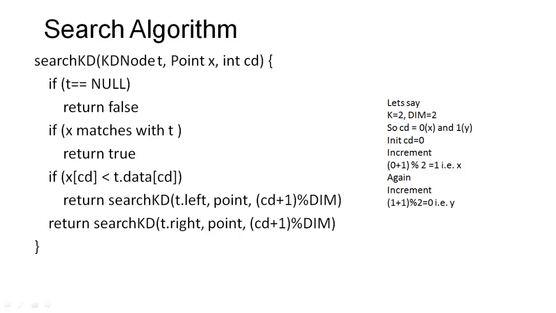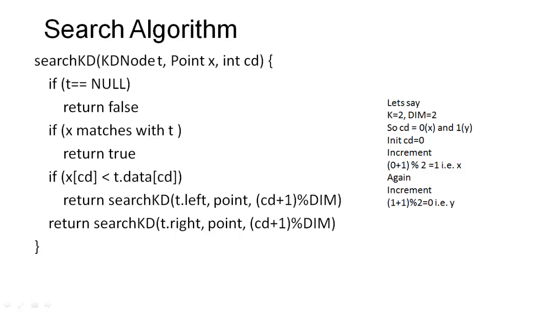The third case is when T is neither null nor matching. So again there are two possibilities, either it will be less than or greater than. So we compare the data of X with the data of T. As you can see here, X is compared with the data of T. But instead of comparing both X and Y, we will compare only the value of the current cut dimension.